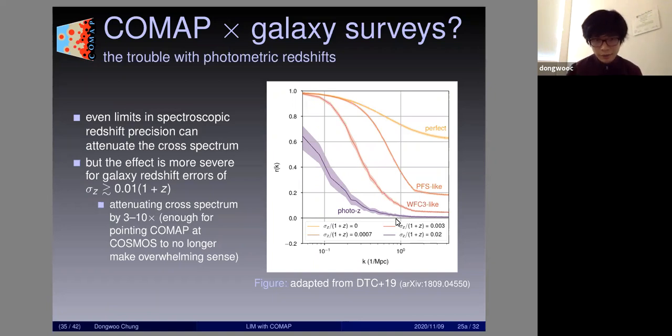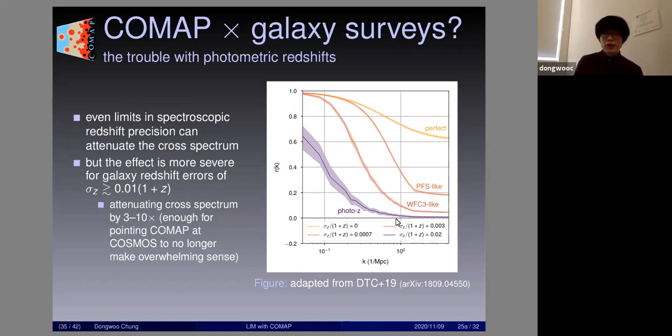The effect is going to be a lot more severe once you get to photometric level redshift errors, though, where you are starting to attenuate the cross spectrum significantly across the wave number range where CO map is supposed to be most sensitive.